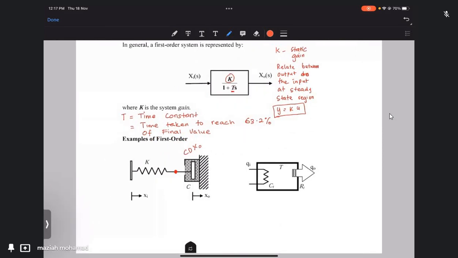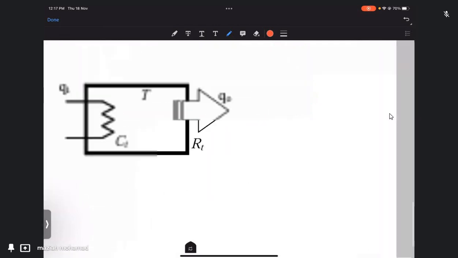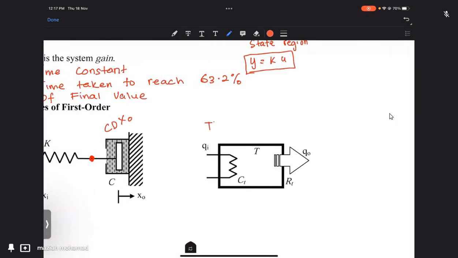Second example of first order system is thermal system. So for the thermal system, the highest order is also for the capacitor, C d theta is equal to Qi minus Q naught.